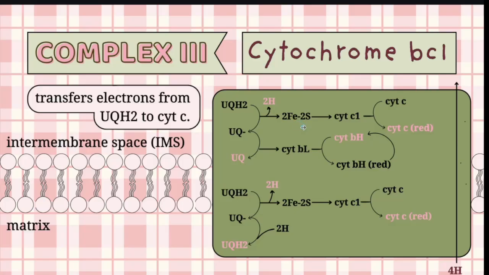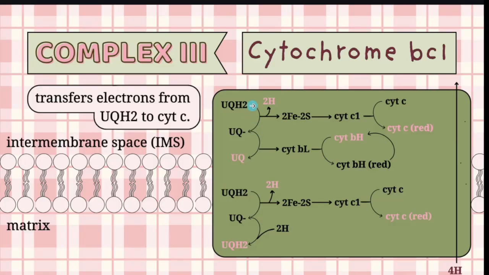Complex 3 is going to receive the dihydroubiquinone, which will donate 2 electrons, but not at the same time. Again, one at a time.